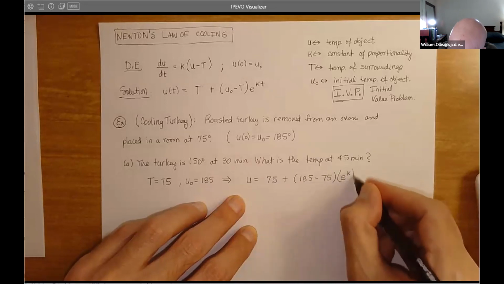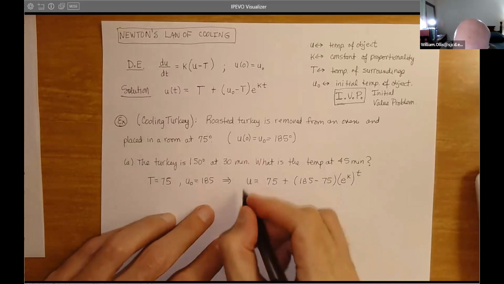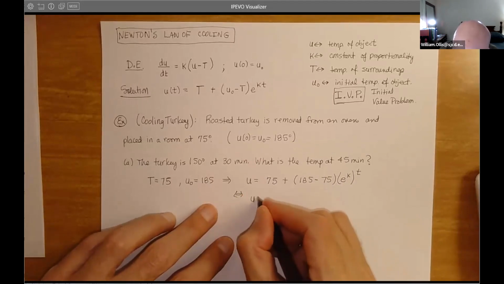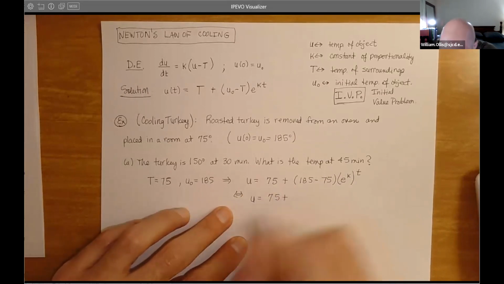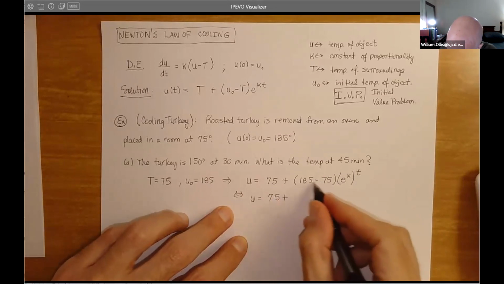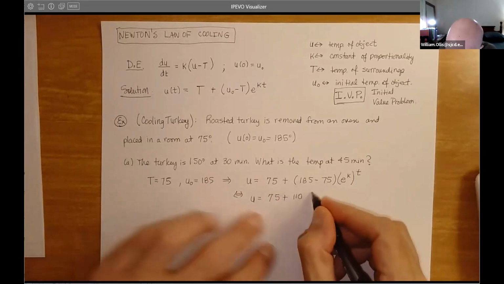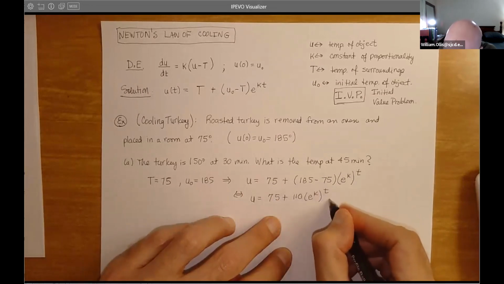And of course, we'll do the same technique, e to the k raised to the t. So equivalently, we have U equals 75 plus, and if we subtract, that's going to leave us with 110, right? Times e to the k raised to the t.